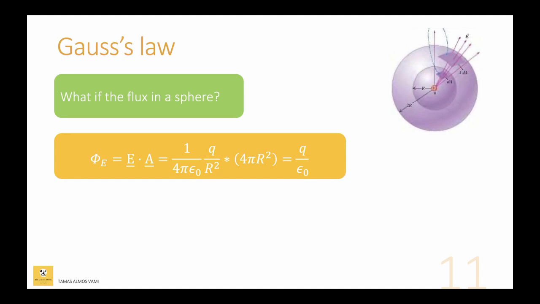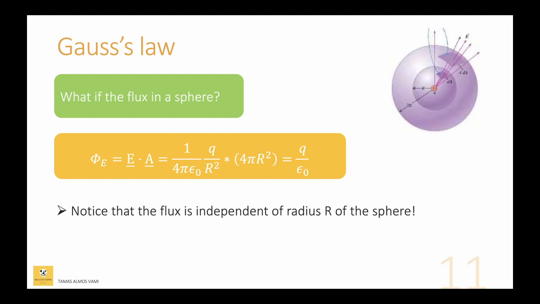So the next thing to ask is, what is the surface of a sphere? And so that we know from the geometrical knowledge from the past is that that's 4 pi r squared. So then the r squareds are cancelling each other, 4 pi's are cancelling each other, and we get that the flux in a sphere is going to be the charge divided by epsilon zero, the vacuum permittivity.